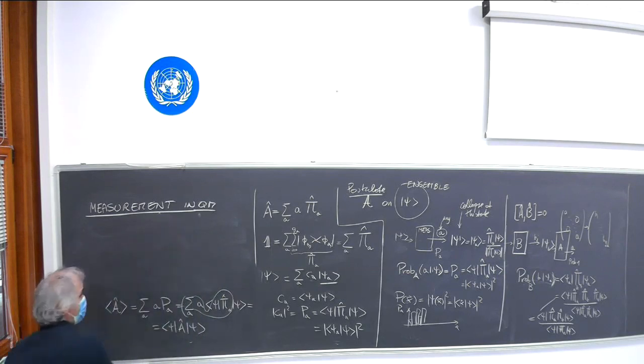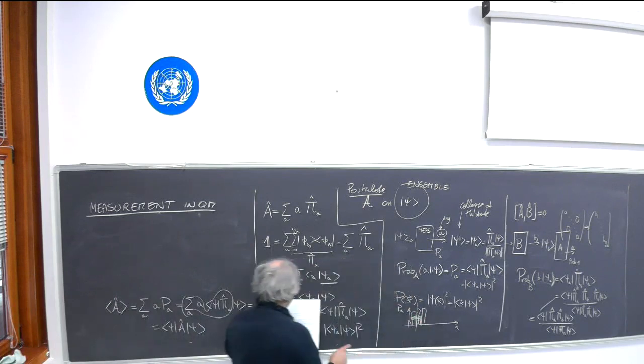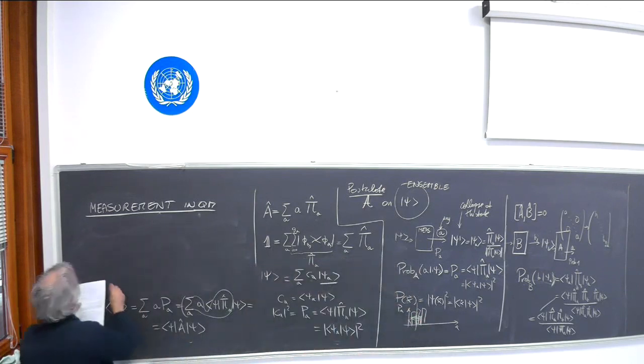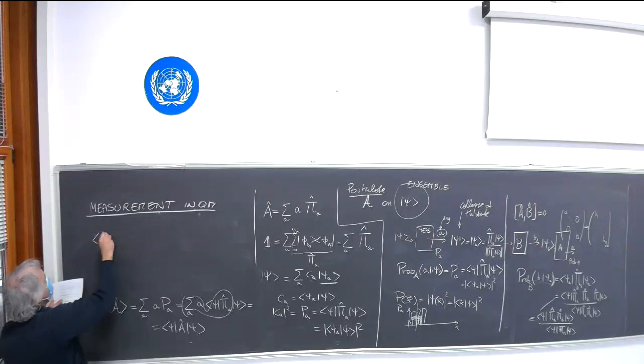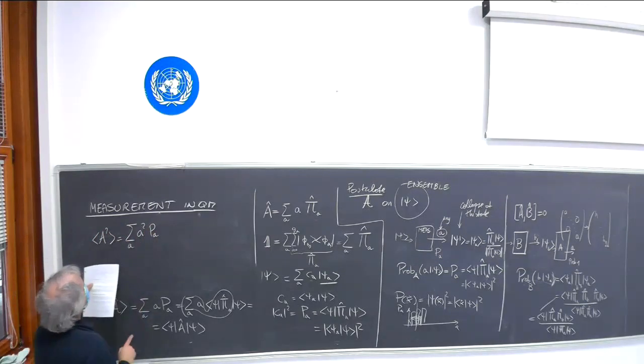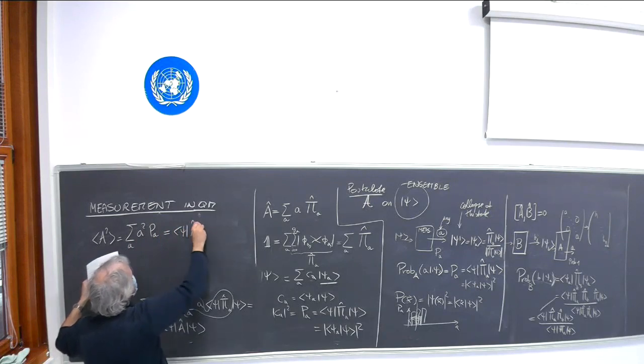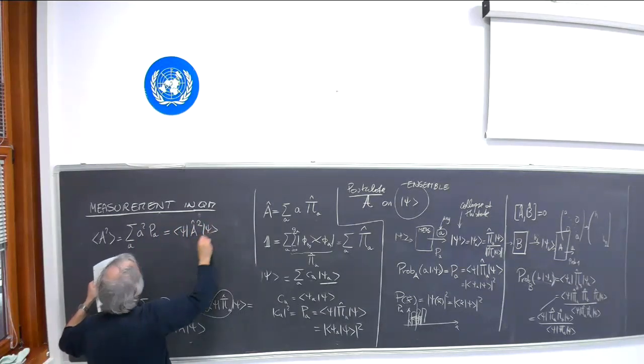If I want the spread in the measurements here, I want to associate some error. What I should calculate is somehow the average of A squared, which is the sum over A of A squared times the probability. And with that, it's easy, and you can prove very easily, that this equals <psi|A squared|psi>, okay?